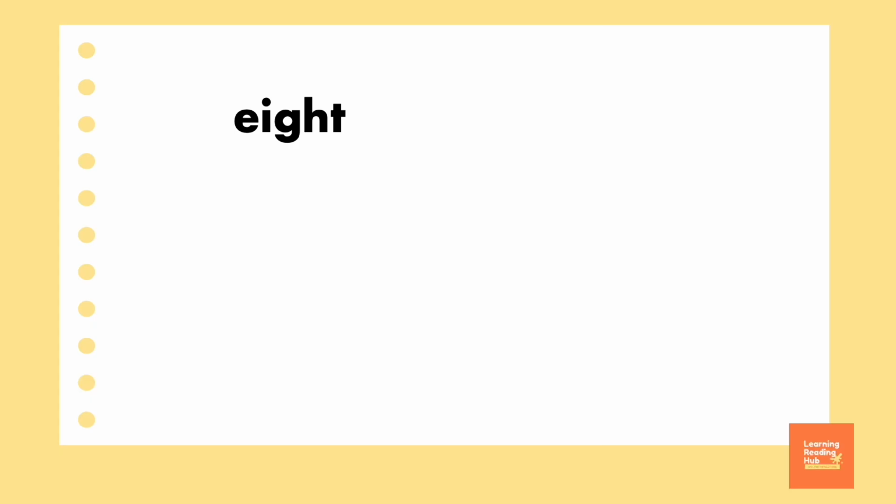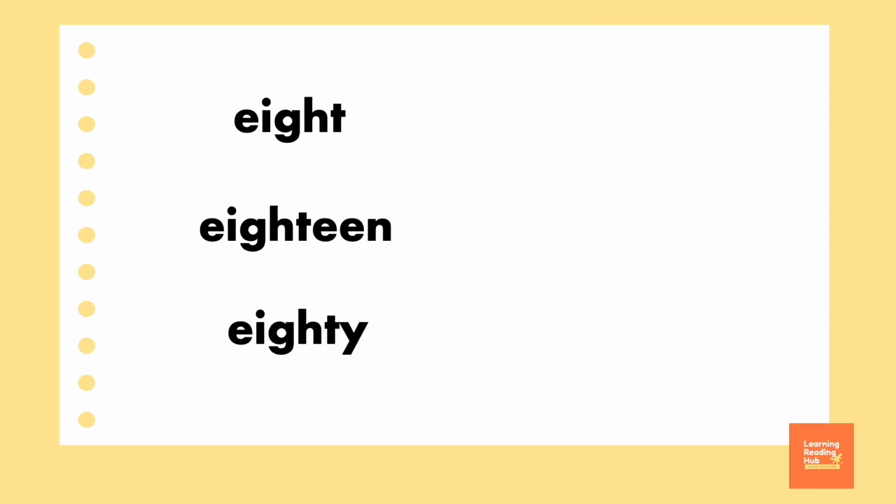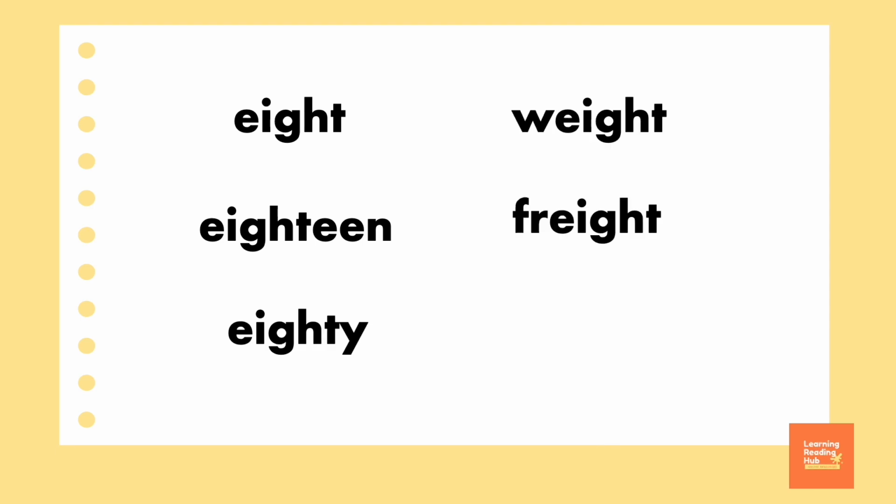EIGH. 8, 18, 80, weight, freight, sleigh. A quick note on this one, by the way, we could have included these under the EI spelling as well. Remember rain, vein, veil, reindeer. And tackle GH separately as a silent digraph. We have it in many words such as write, fight, thought.